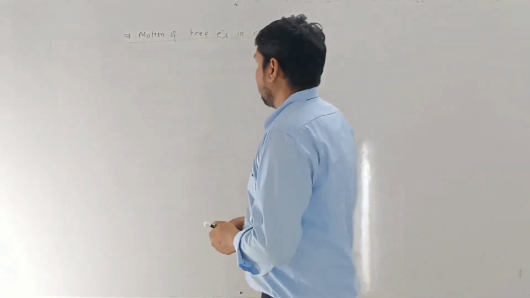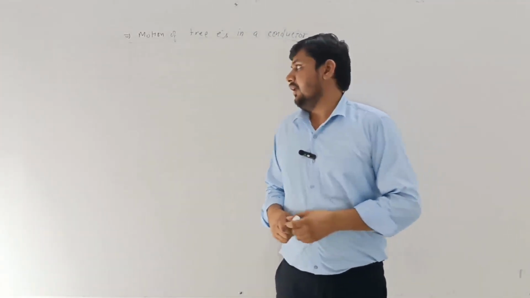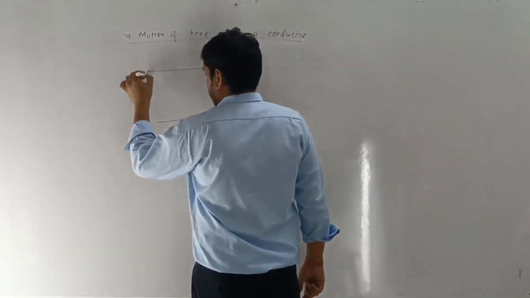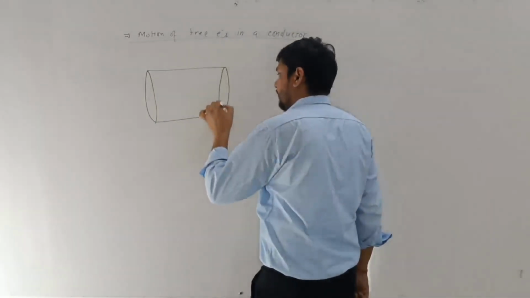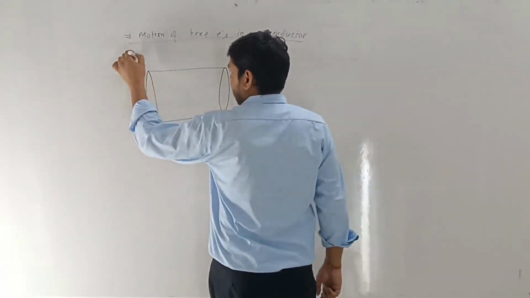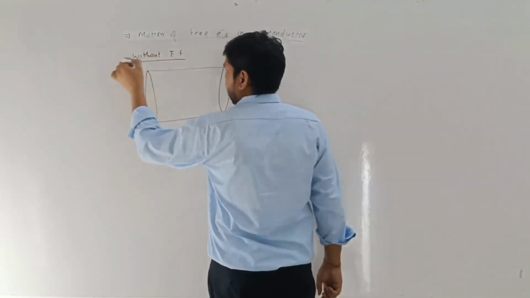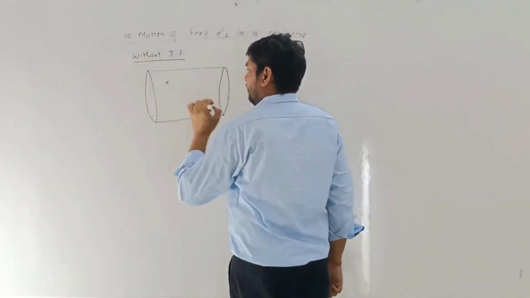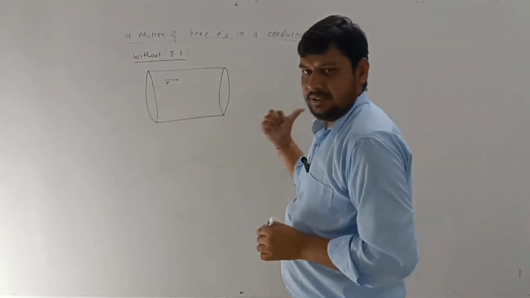Okay, next. Now we talk about the motion of electrons in a conductor. If the conductor is not connected to a battery, means there is no external electric field, without electric field, some of the free electrons move in this direction.